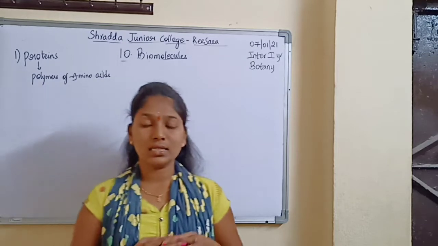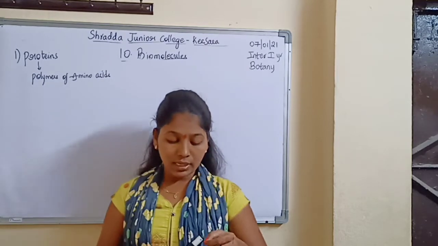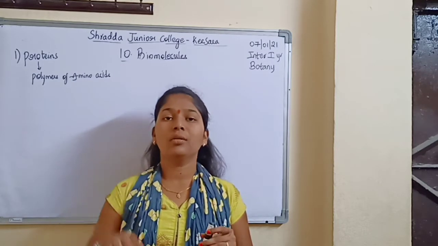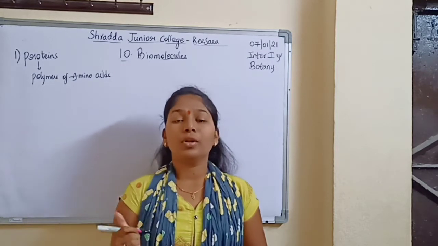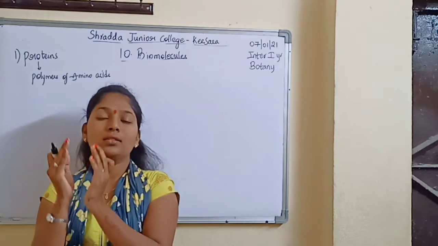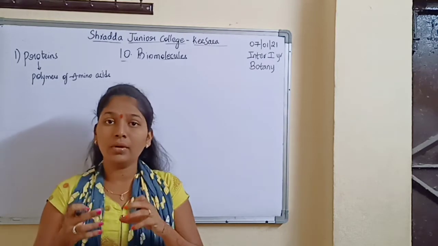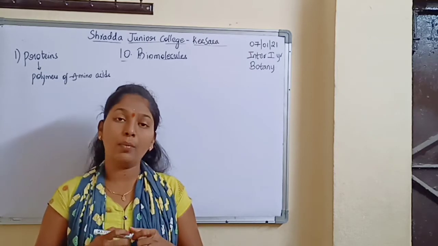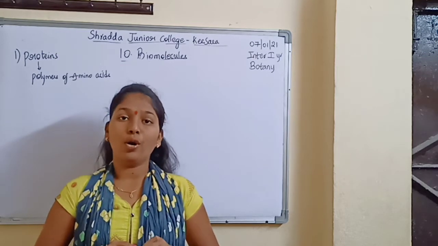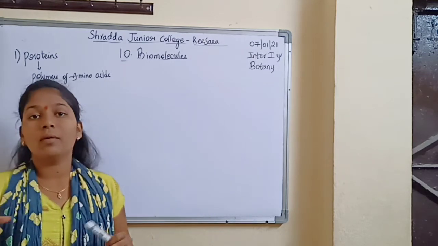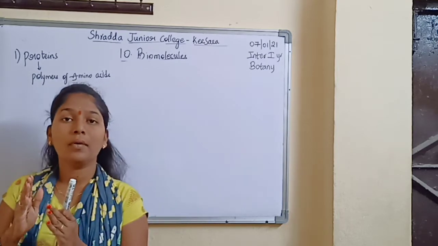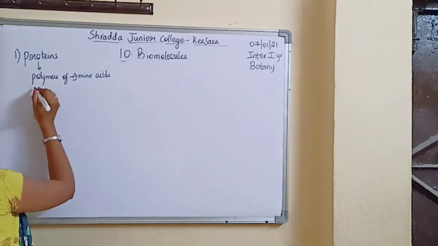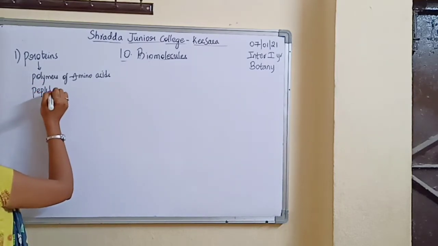A protein consists of a linear chain of amino acids linked to each other by a peptide bond. So proteins are all one amino acid after another amino acid, linked to each other. That linkage is formed by a bond called a peptide bond. Because of the peptide bond, one amino acid is linked to another amino acid. So the bond that is present in these proteins is nothing but a peptide bond.